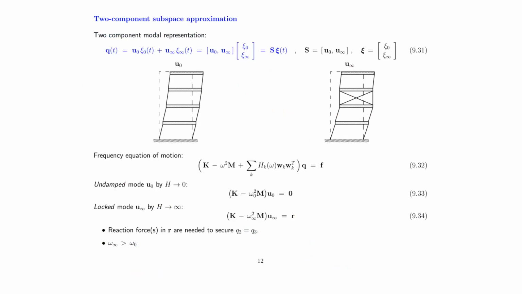And that gives us the equation of motion that we have in 932, where for the sake of generality we have also introduced an external load. Could be wind, could be waves, depending on your structure.